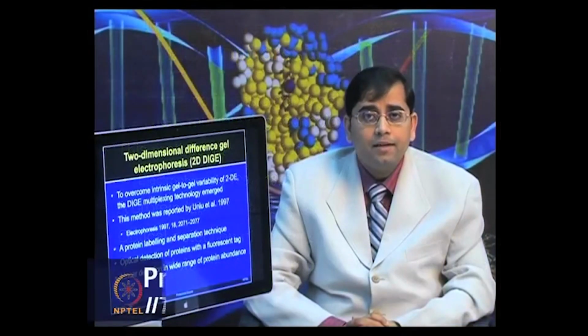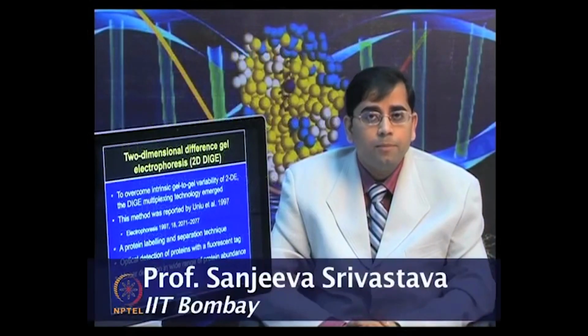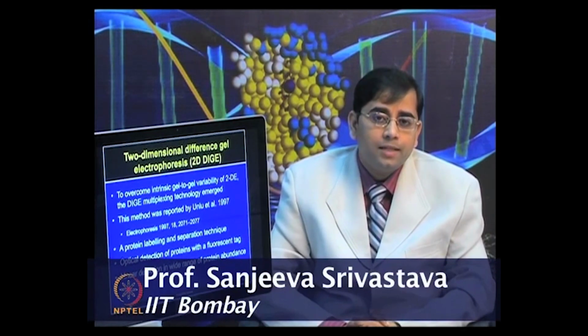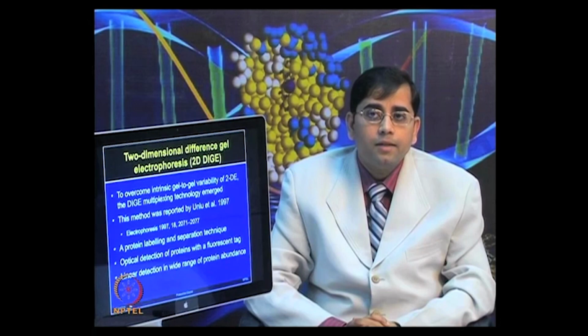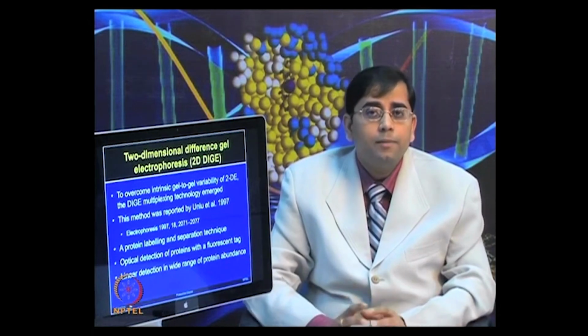The DIGE method involves protein labeling and separation techniques. The optical detection of the proteins is done by using fluorescent tags, and this method performs linear detection in a wide range of protein abundance.